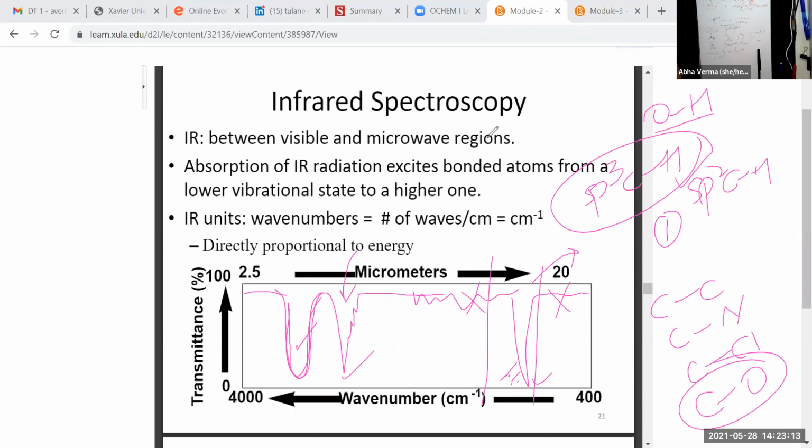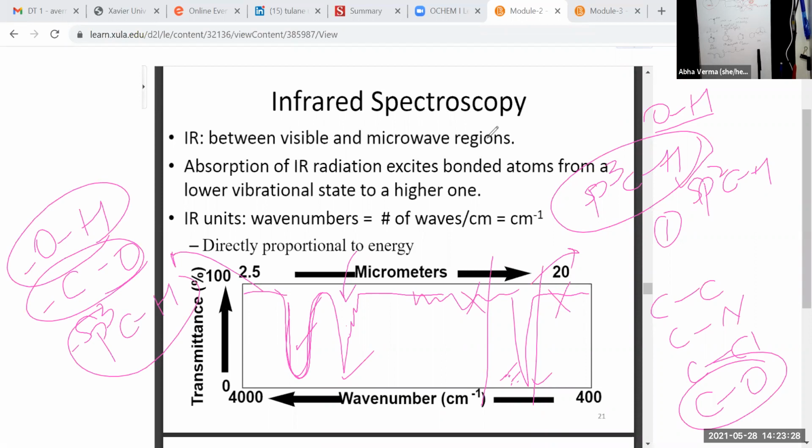For your information, we got 3 bond types. When you know that you have these 3 major peaks, and you know that you have these 3 bond types from the IR graph, then you put the puzzle pieces together and you say, okay, the C and the O are connected, and the O and the H are connected, and the C is connected to probably a hydrogen.